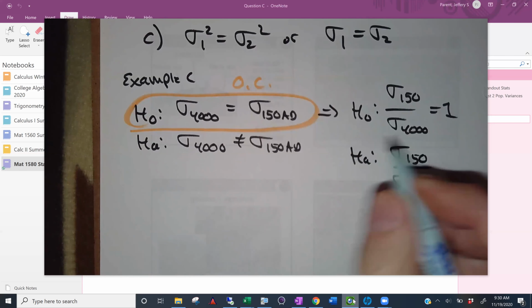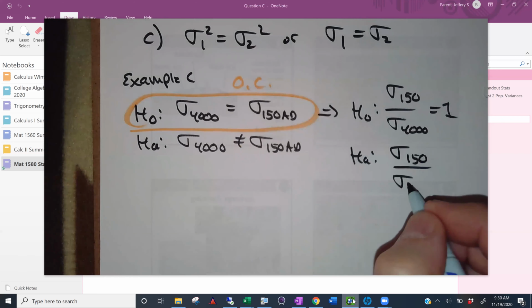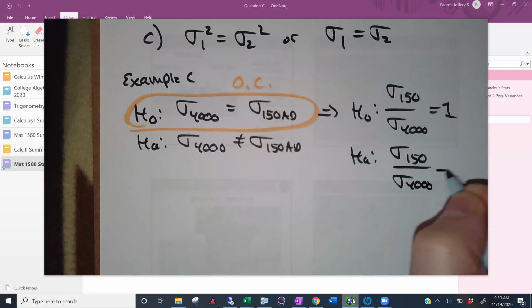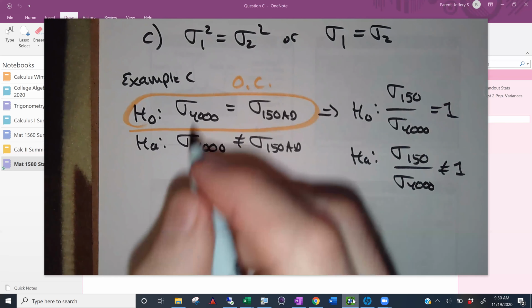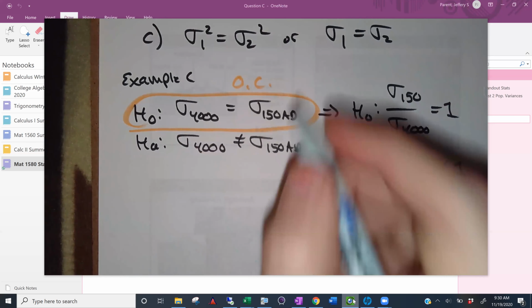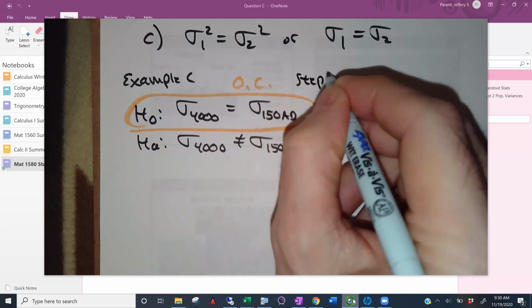I think we can get away with doing things more or less as usual. But what it does is this allows us to just use the right tail of the F distribution. All right, so that's kind of a very lengthy step 1.